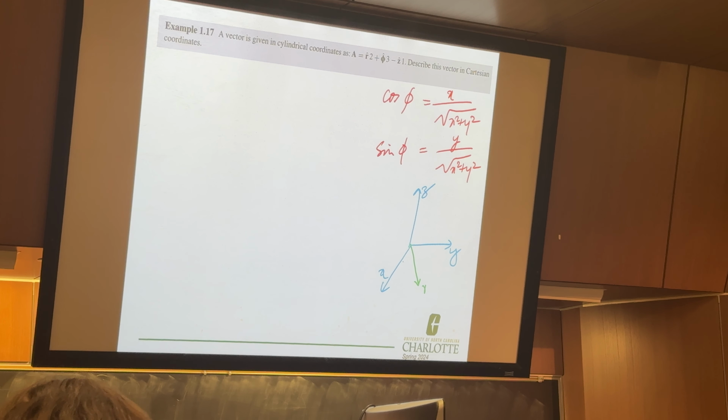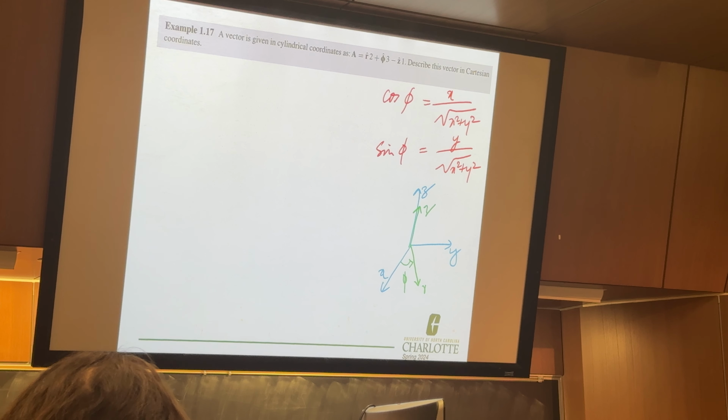So that's the r, and this is the phi, and this is the z axis, right? So if this is angle phi, what is cosine phi? Cosine phi is the adjacent side divided by r, right? So that's cosine phi, the adjacent side to the angle divided by r. So r is nothing but the square root of x squared plus y squared.